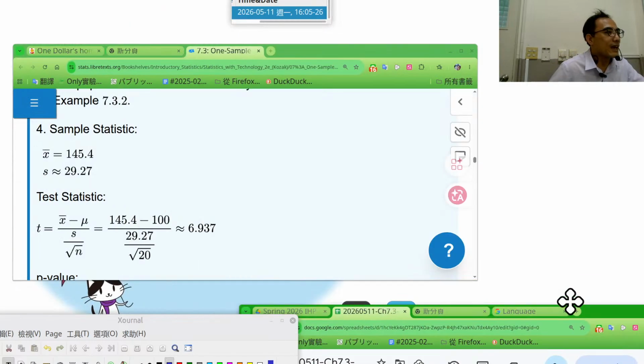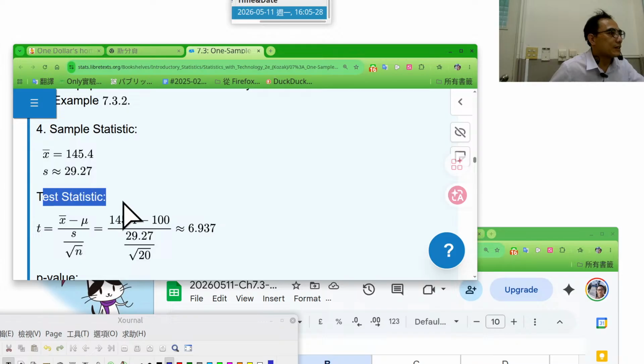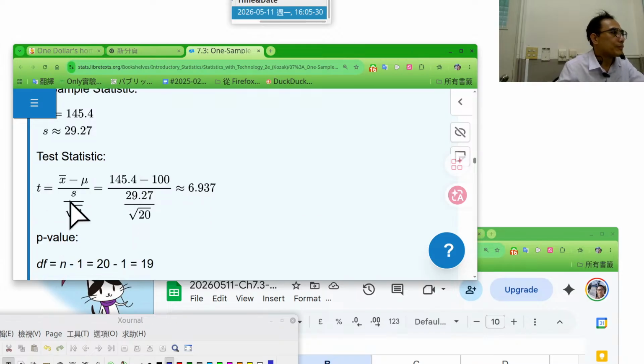how to get the test statistic T, the T score, the T number, X bar minus mu. X bar 145.4, mu 100. My question, where does the 100 come from?